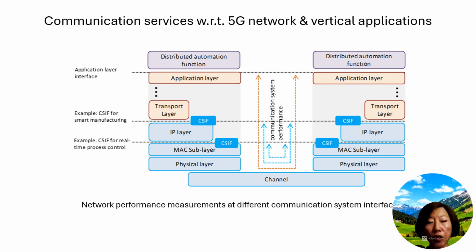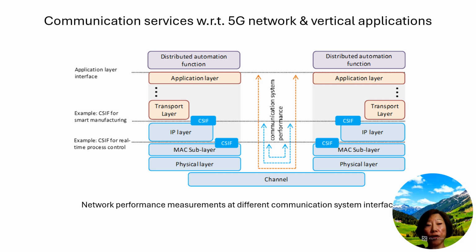When evaluating overall system performance, it is vital to distinguish between the performance of the 3GPP network, encompassing only the LCL and measured at the CSIF, and the overall system performance, which includes the application layer comprising both the LCL and the HCL.